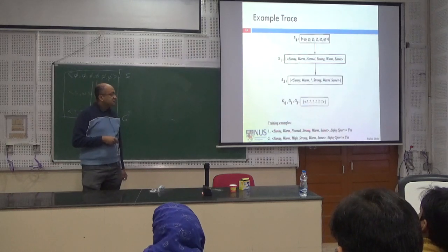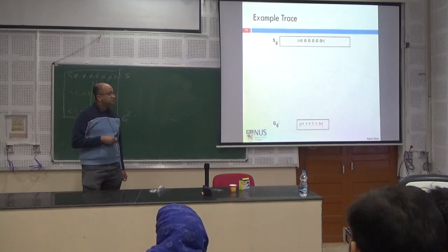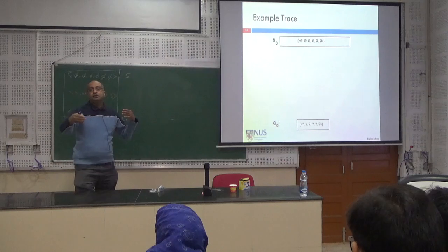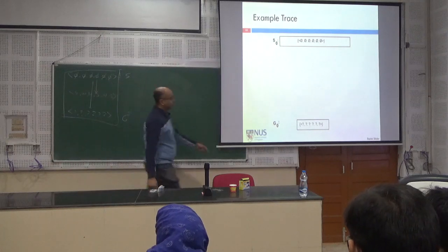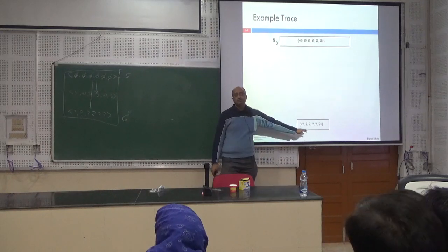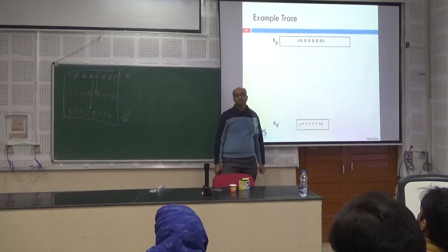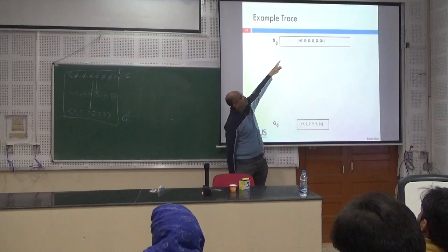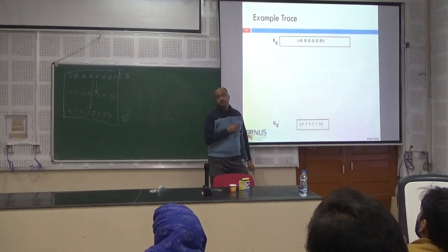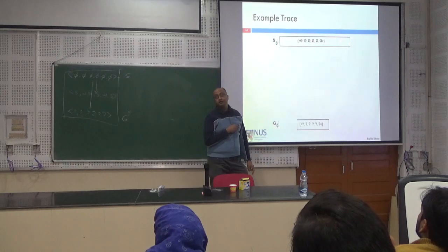So let's see. This is what I observed. And what was my G? This is the G. Everything is included. I want sunny, warm, whatever. Yeah, satisfied. So this doesn't change. But now I have to go up. This is not satisfying my hypothesis, so I have to change that part.